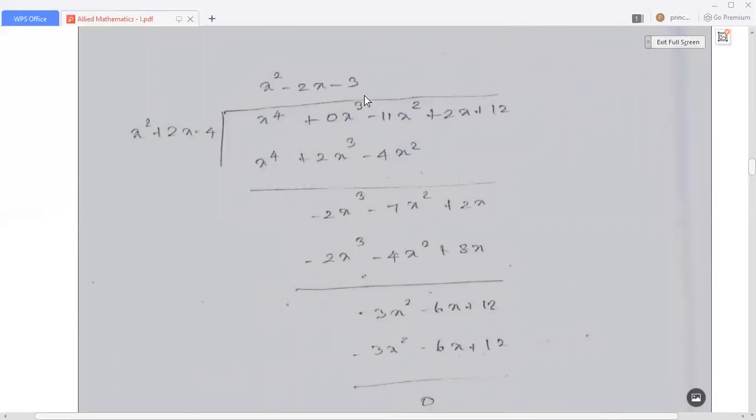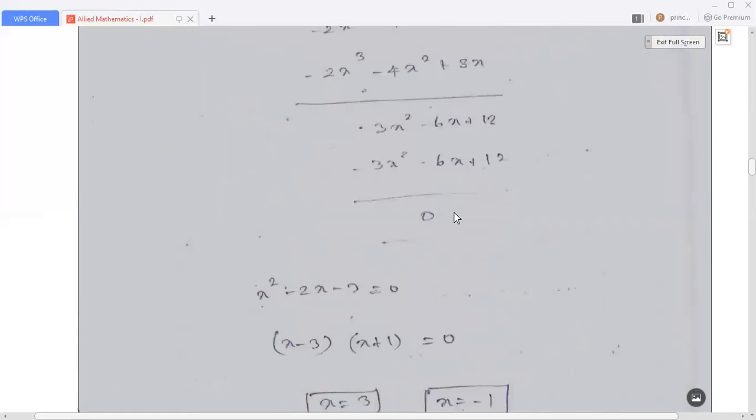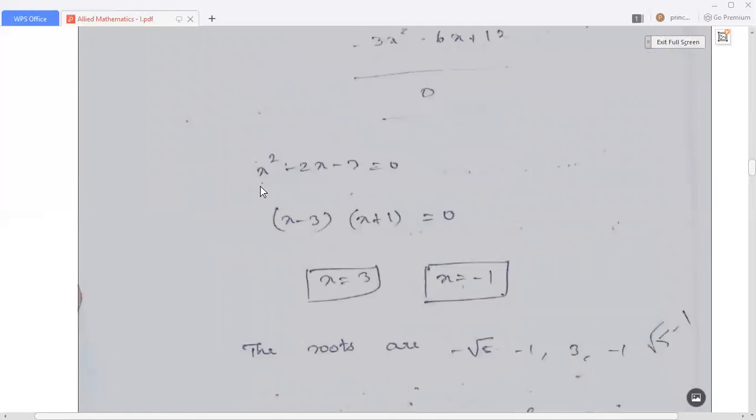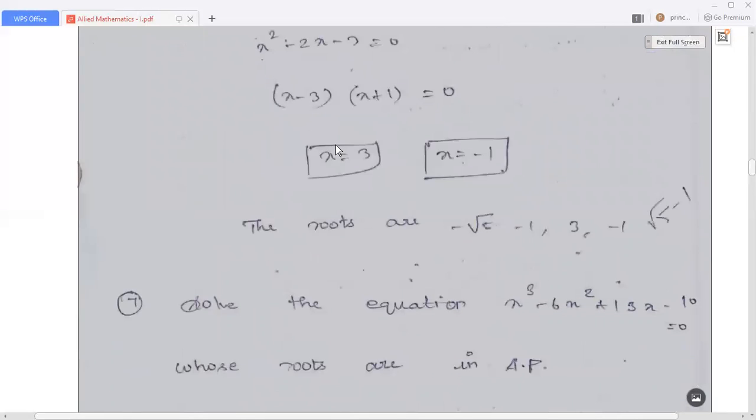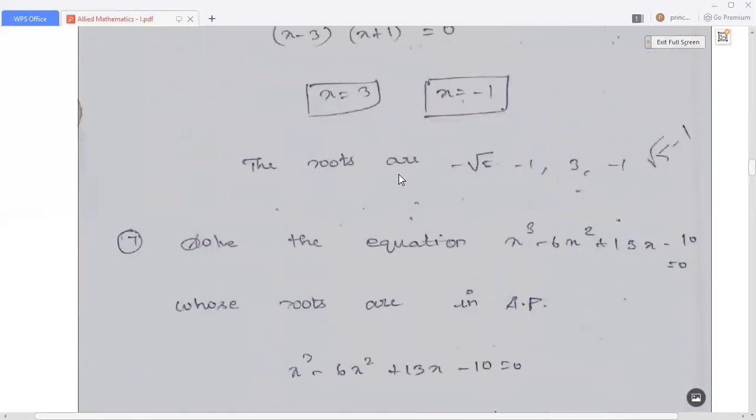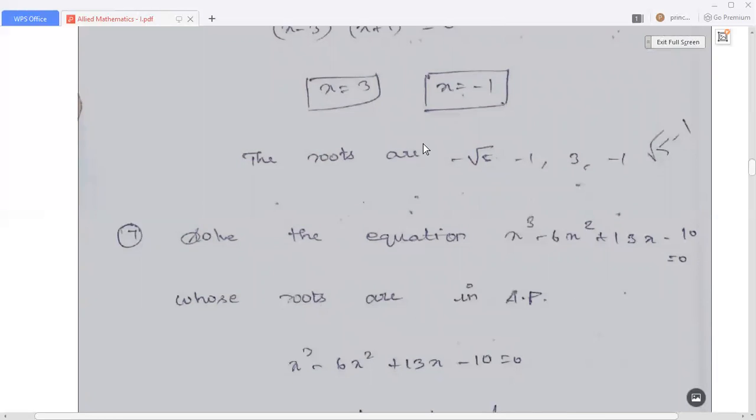So in this division, x square minus 2x minus 3 is the quotient, the remainder is 0. Therefore, when you solve this quadratic equation through the factorization method, we get two roots, x equal to 3 and x equal to minus 1. Therefore, the roots are minus root 5 minus 1, 3, minus 1, root 5 minus 1.